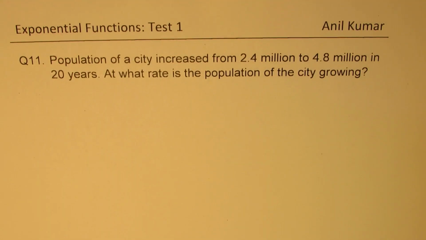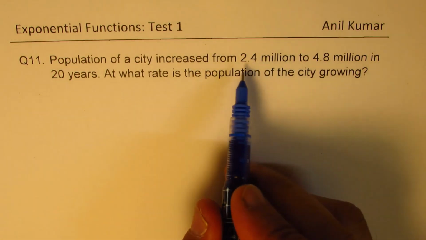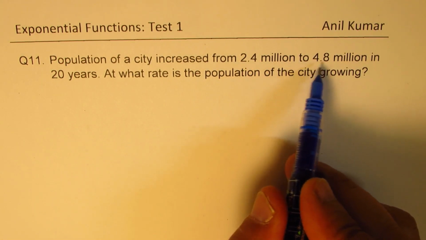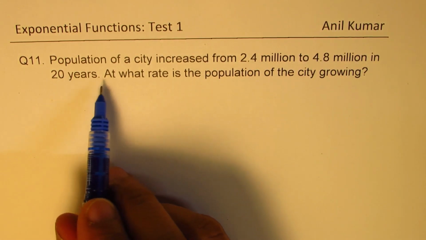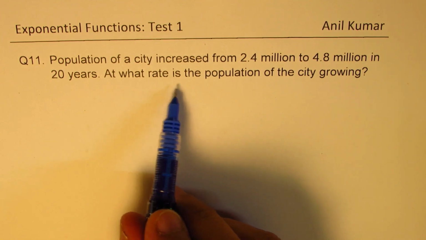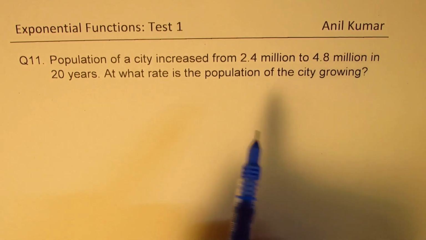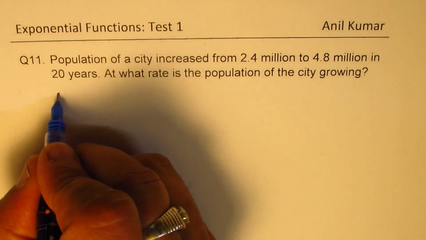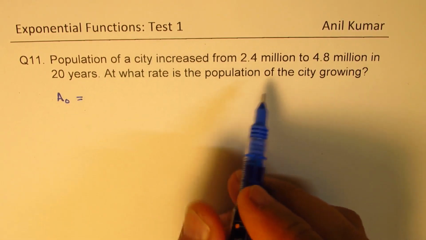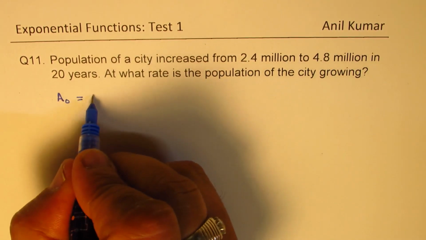Okay. Now here is the last question of our test paper, question number 11. Population of a city increased from 2.4 million to 4.8 million in 20 years. At what rate is the population of the city growing? So we can say our initial population A0 is 2.4 million.